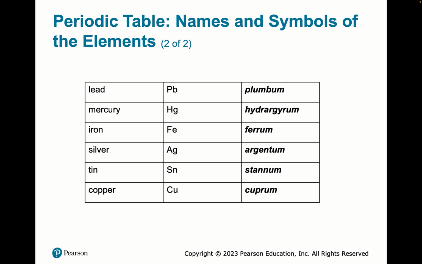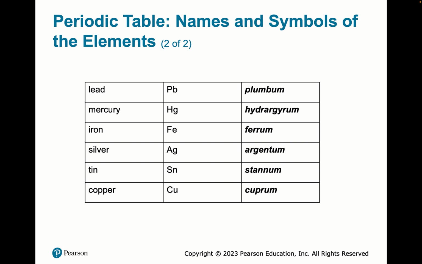So here are some examples of the Latin terms for it, and there's more. Gold is aurum, for instance, and you might also see that in Spanish. If you know Spanish, the word for gold is oro. That's similar to Latin aurum, but that's not true for everything.